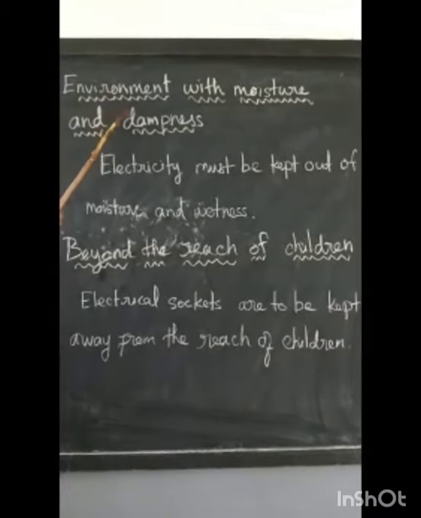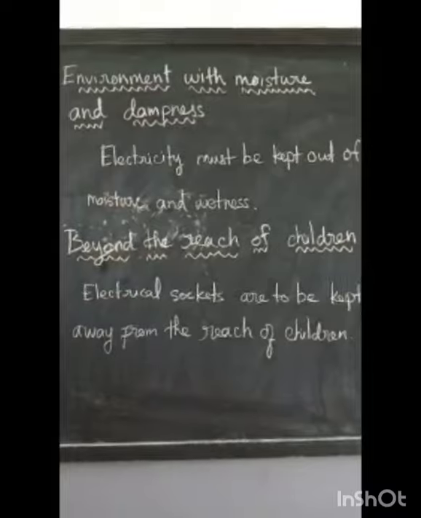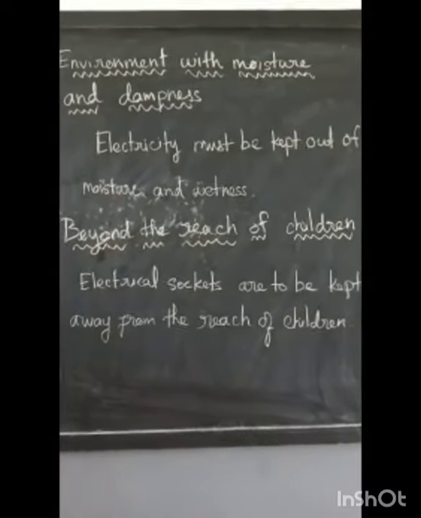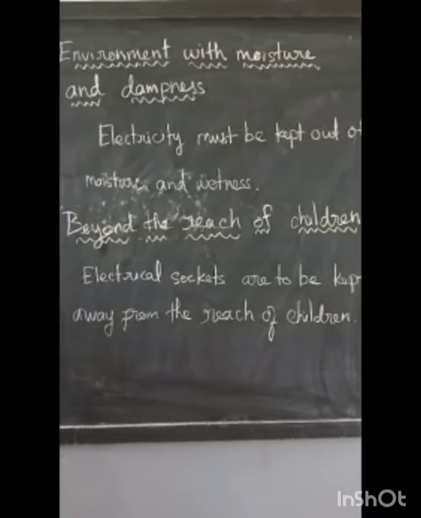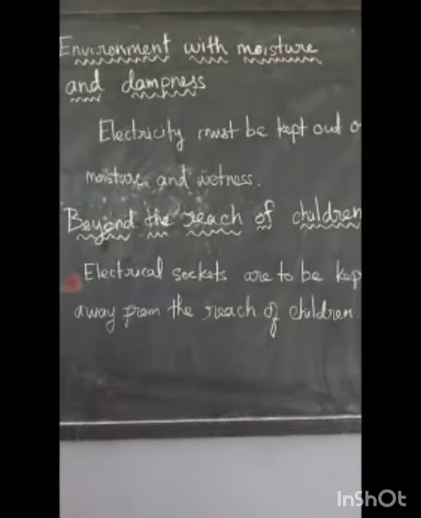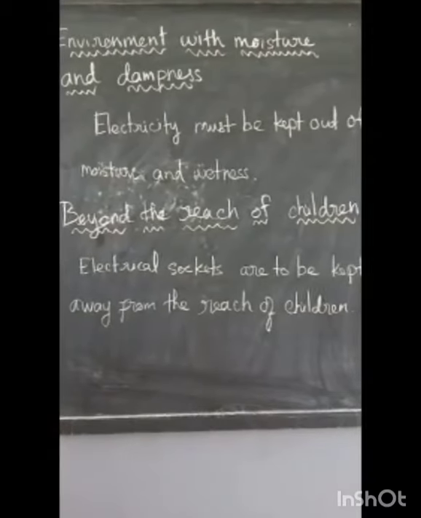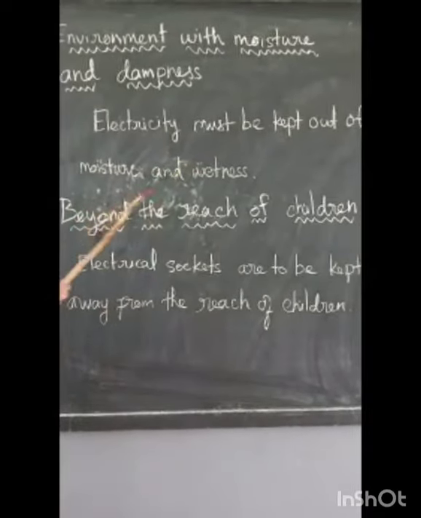Next one, environment with moisture and dampness. That means if it is rainy or very wet around the electrical appliances, you must be careful while touching them. This is the common instruction we know: electricity must be kept away from moisture and wetness.